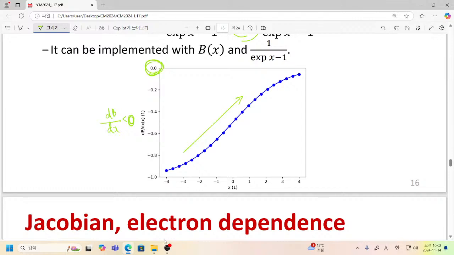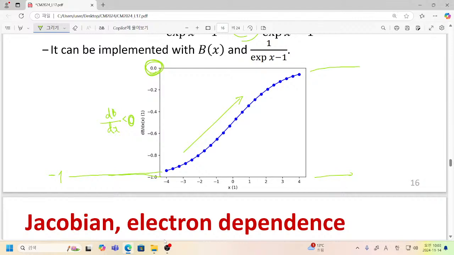And of course it approaches the asymptotic value of -1 when we have a negative x value, and if we go to a positive x value, it approaches just number 0. Okay, so this is the Bernoulli function.